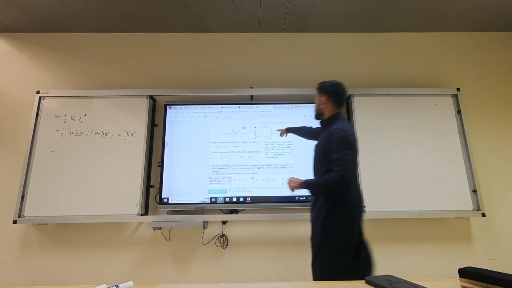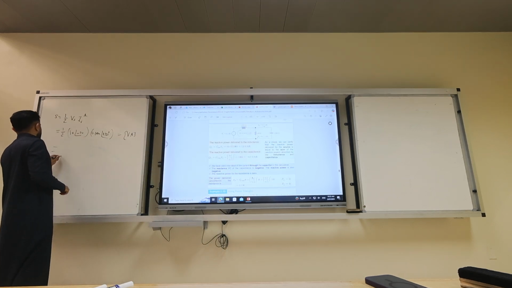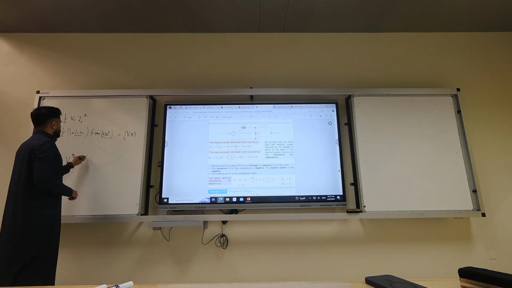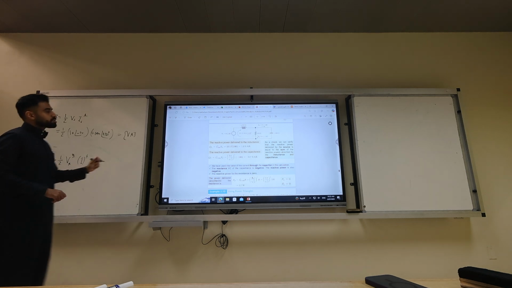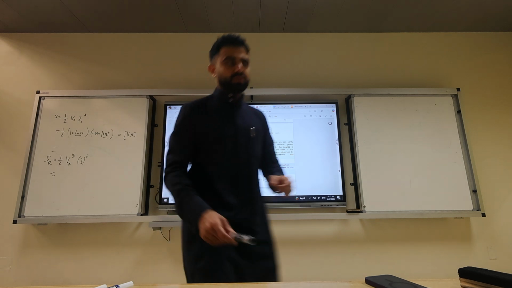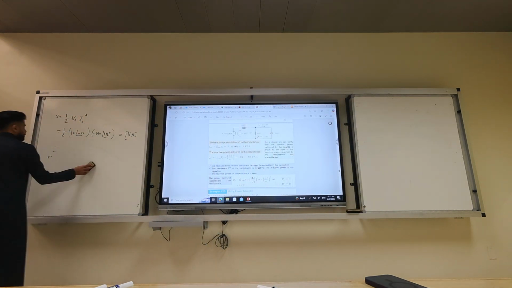Should we try the resistor? S of the resistor equals half V_R I conjugate. So what's the voltage drop across the resistor? The voltage drop is not given. Forget about it, it's going to take time. But I can use this formula.